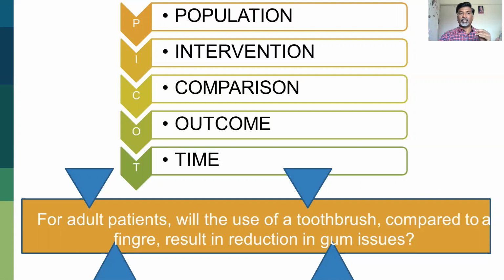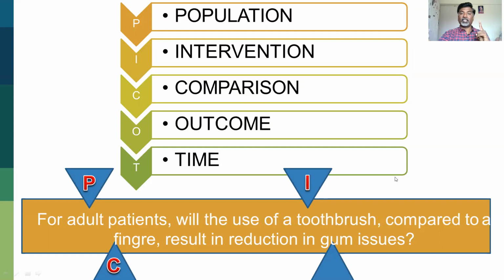So in this case, what is my population? My population is adult patients. What is my intervention? I am going to check whether the toothbrush is the better one or the finger is the better one. So I am going to compare the effectiveness of toothbrush as well as finger. And what am I going to check?